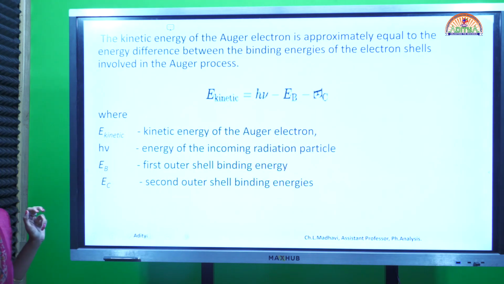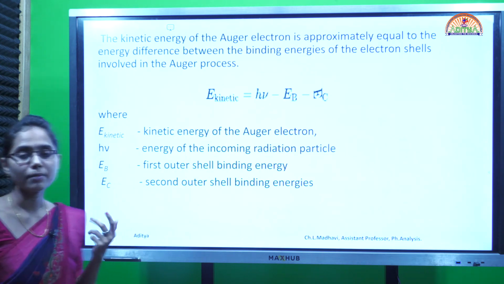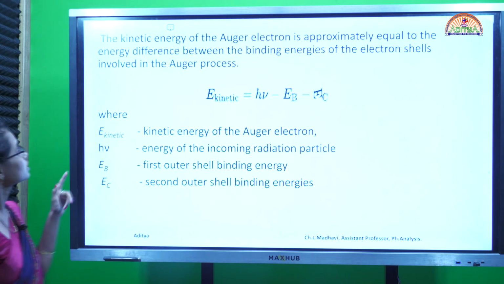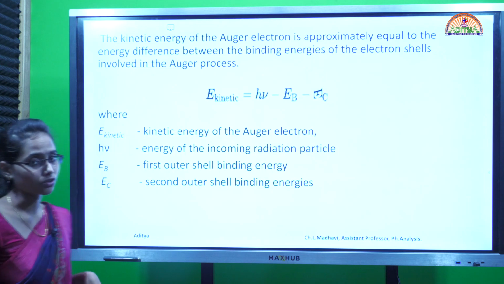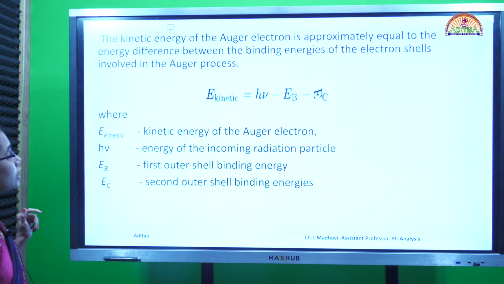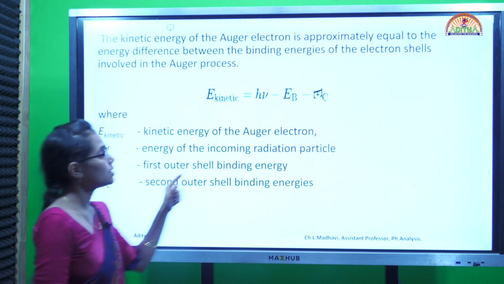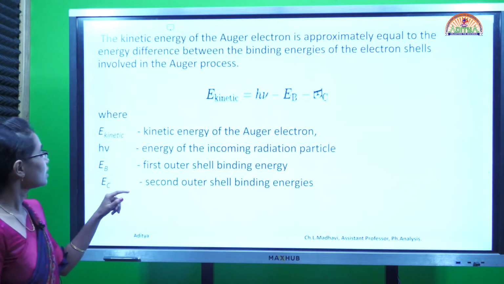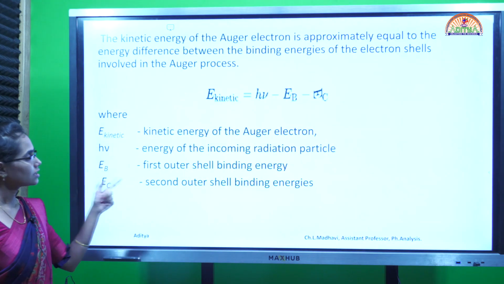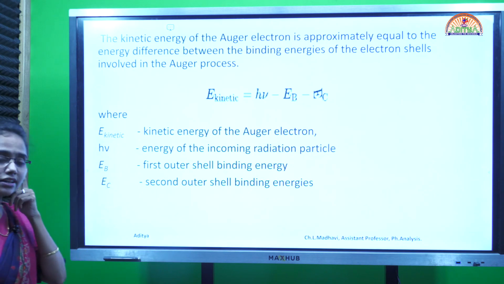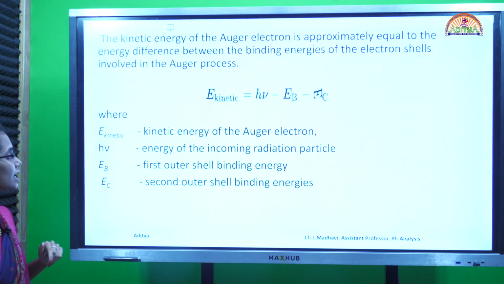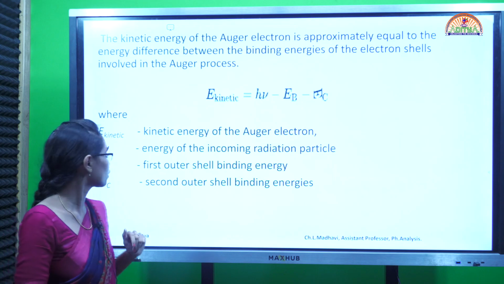And then the kinetic energy of the angular electron. We have seen the binding energy of the photoelectron. Now we are going to see the kinetic energy of the angular electron. It is given by E kinetic equals h nu minus EB minus EC. Here h nu is the same, the energy of the incoming radiation of the particle, and E kinetic is the kinetic energy of the angular electron.